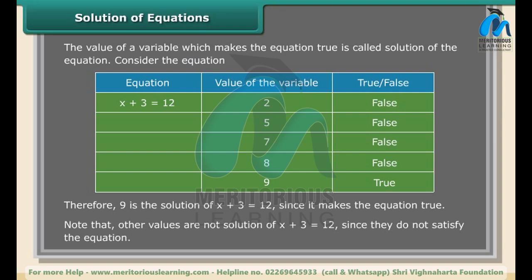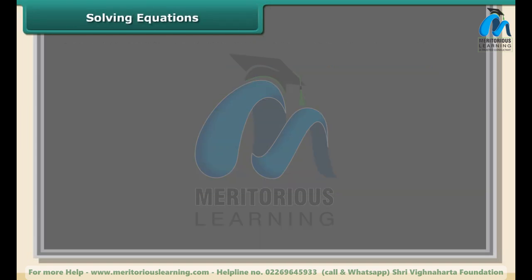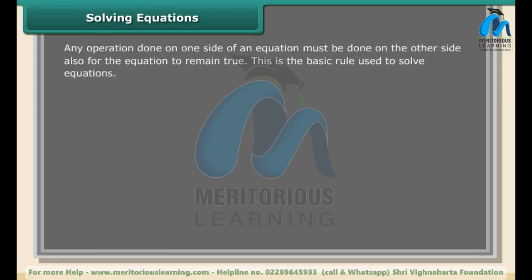Note that other values are not solutions of x plus 3 is equal to 12, since they do not satisfy the equation. Solving equations. Any operation done on one side of an equation must be done on the other side also for the equation to remain true. This is the basic rule used to solve equations.